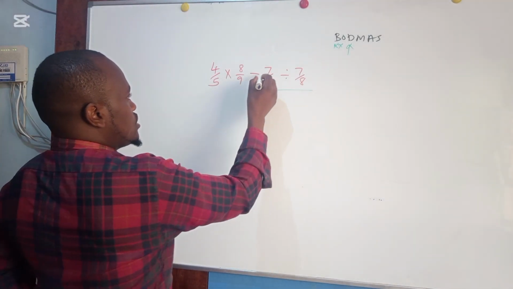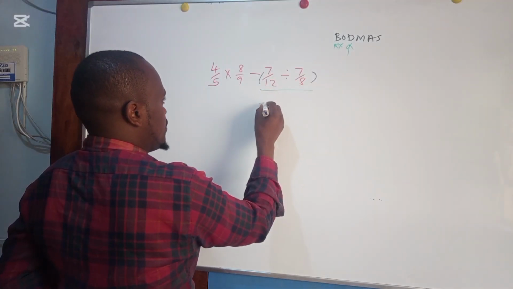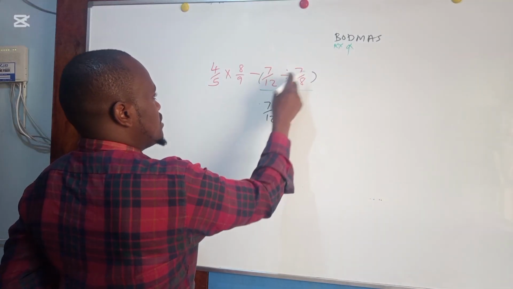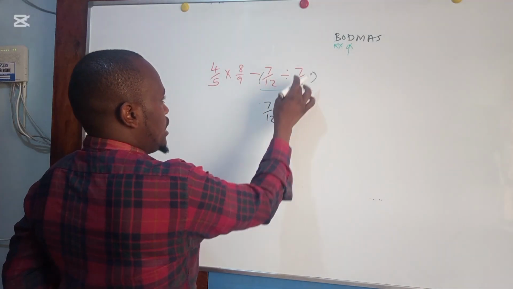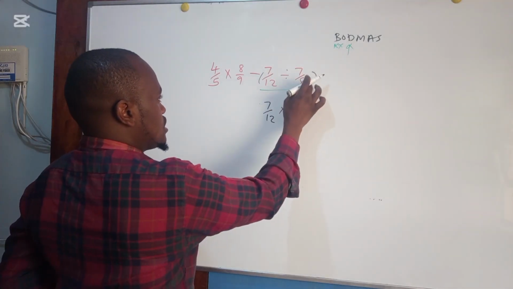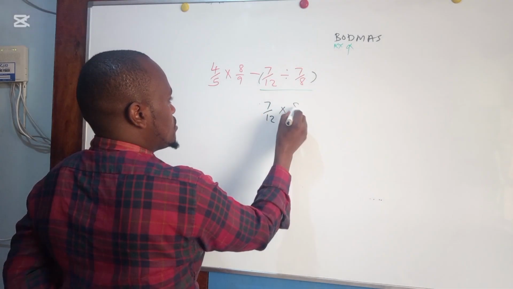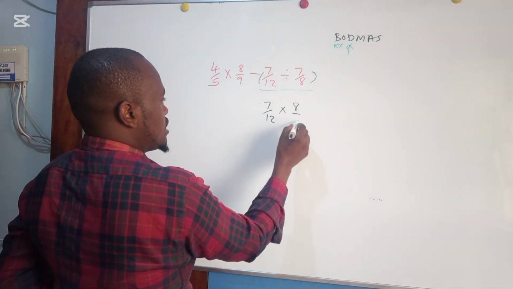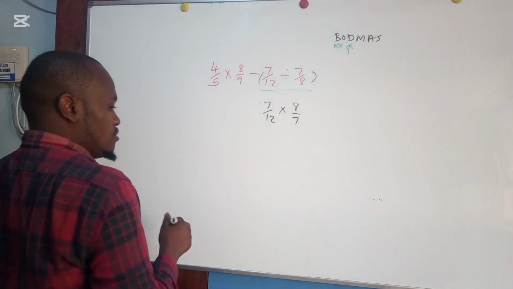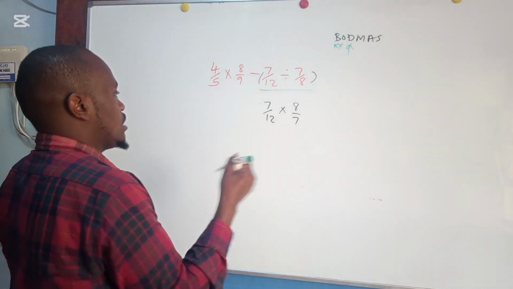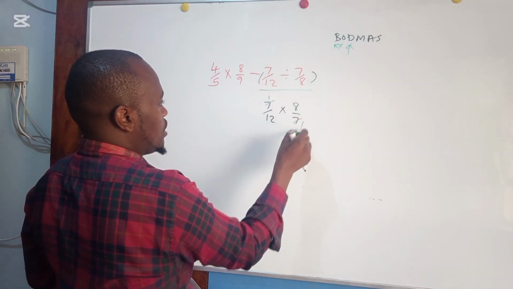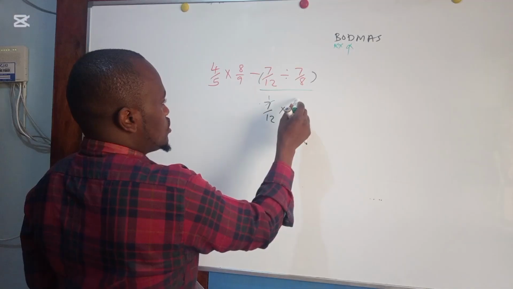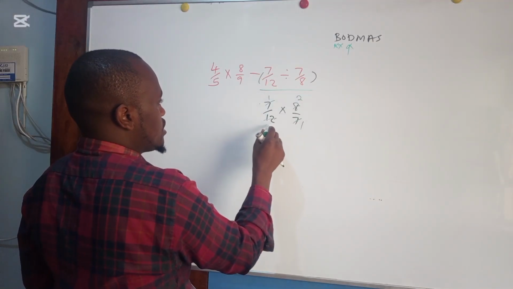So this is how you're supposed to do it. 7 over 12 divided by 7 over 8. You multiply by the reciprocal of this: the denominator now becomes the numerator, and 7 goes down. Then you can cancel. You divide by 7, 1, by 7, 1. By 4, 2, by 4, 3. So overall this answer is 2 over 3.